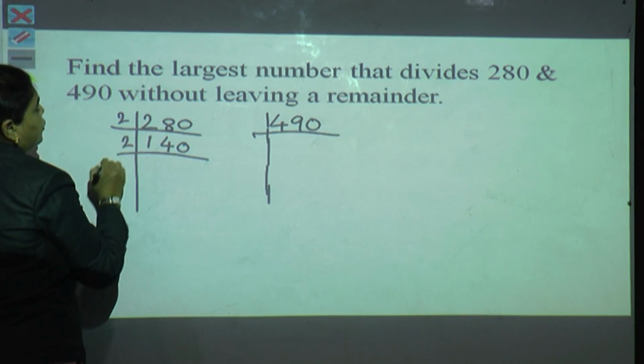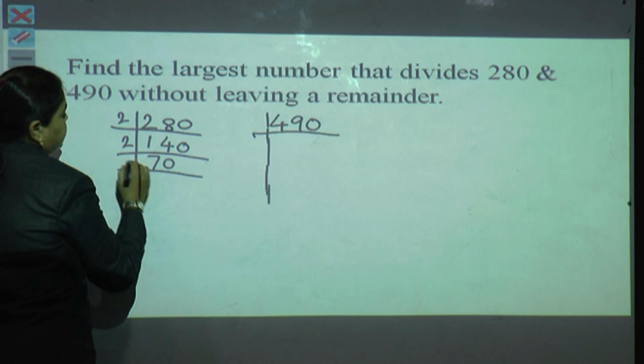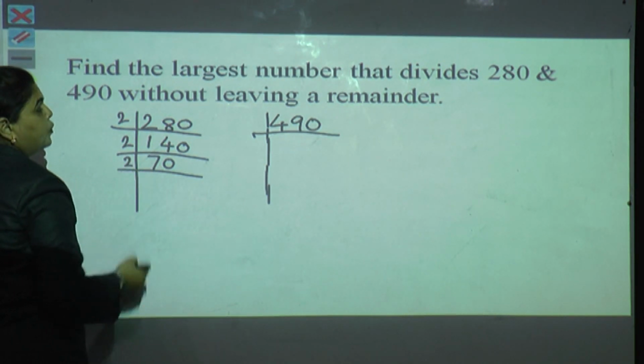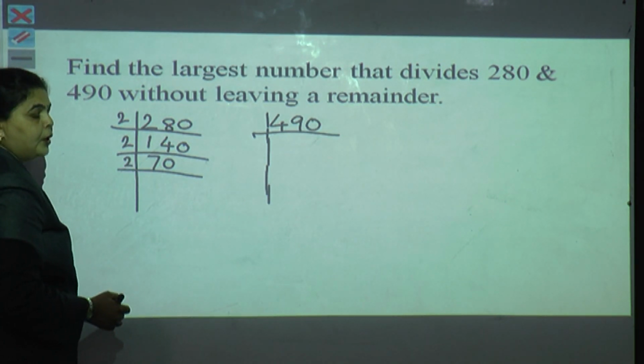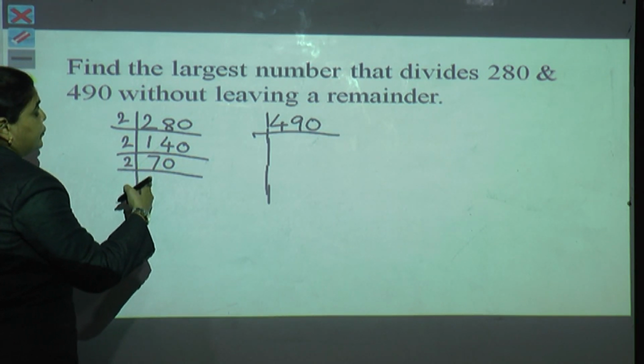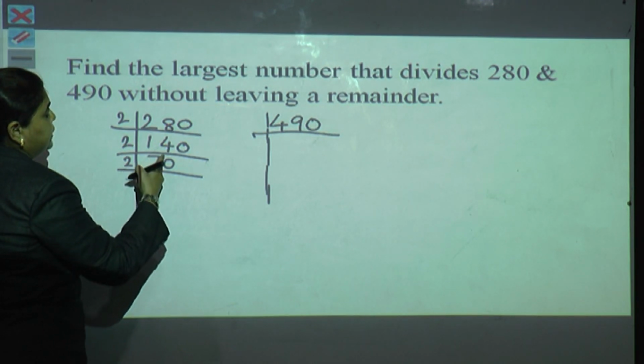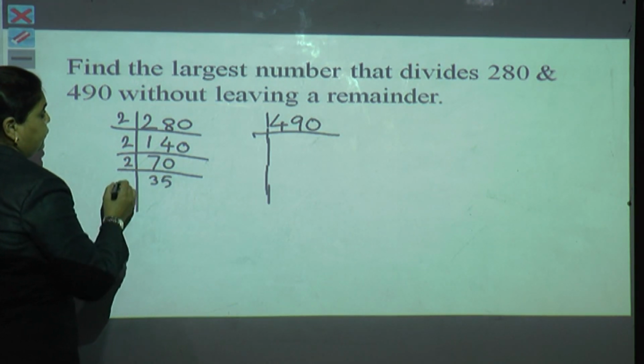Again 2 7s are 14 and 0 as it is. Again 2. You know half of 70? You can do it directly also. If you don't know, you can do the trick: 2 3s are 6, 1 is left, it is 5, so it is 35.